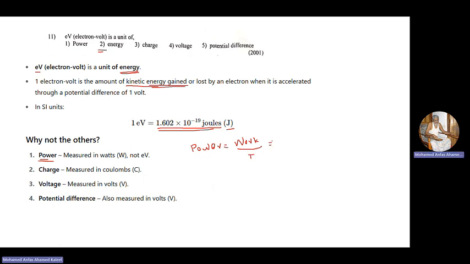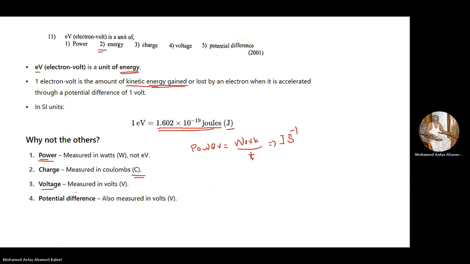By unit, what is that? Joule per second, or joule second^-1. Okay, so charge is also measured in coulombs. That also is not the unit of energy.